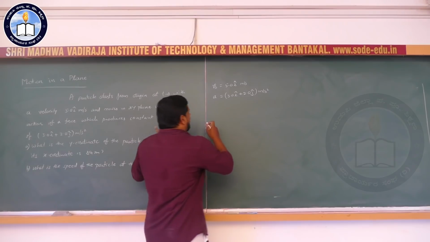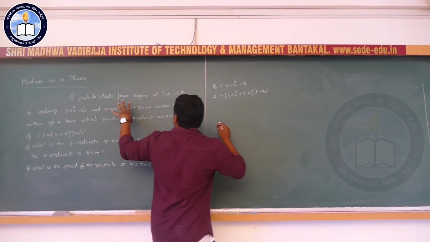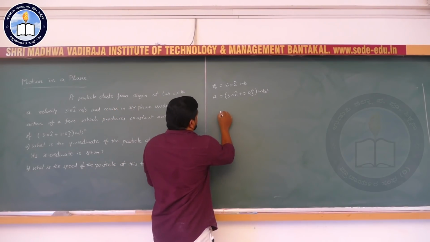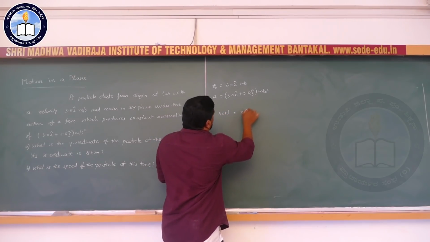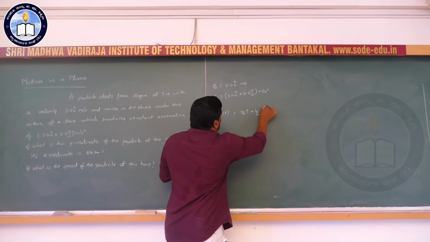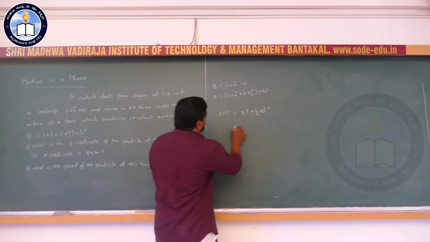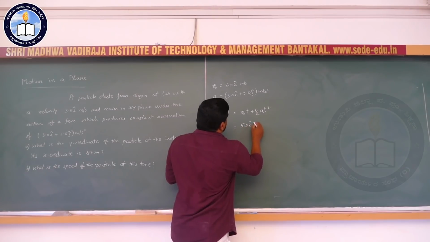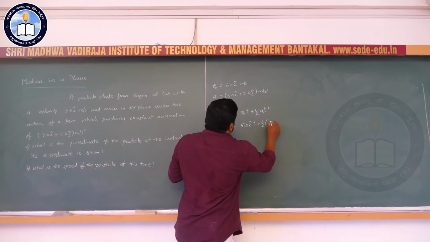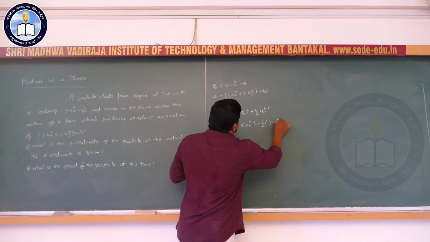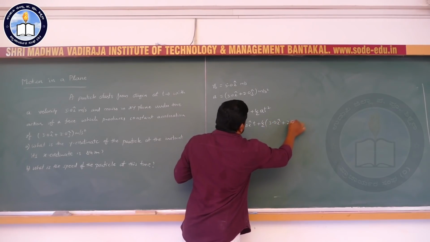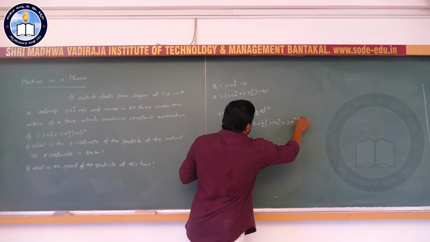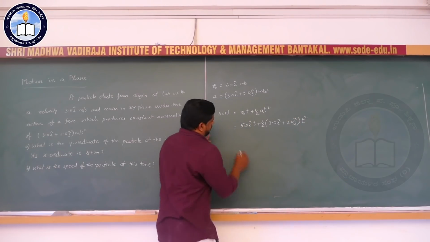So first let me try to represent the position vector. r of t is equal to v naught t plus half a t square. Given that v naught is 5.0 i cap, r is 5.0 i cap into t plus half of a, which is 3.0 i cap plus 2.0 j cap, into t square.